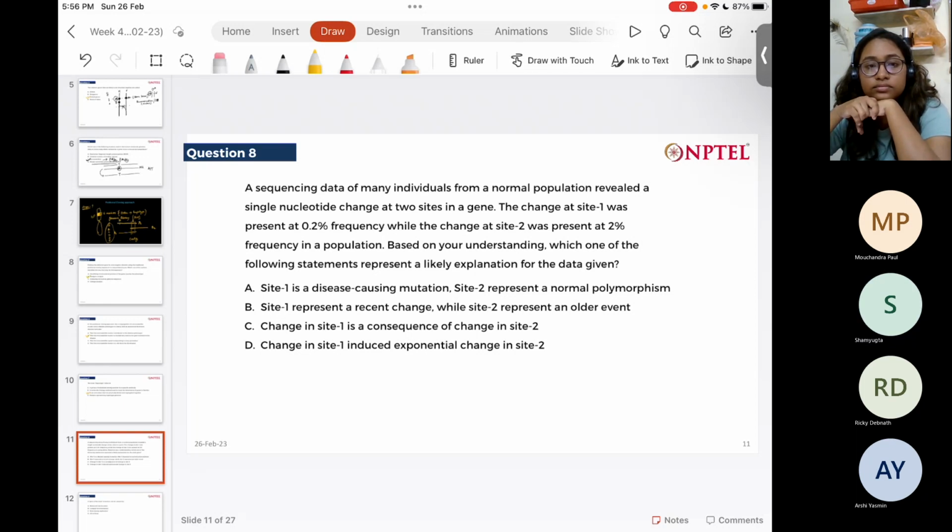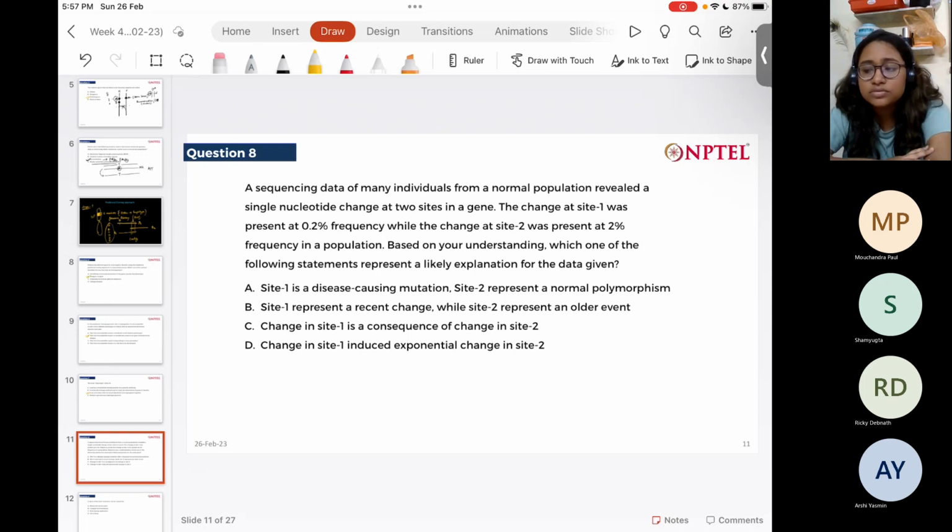Option B. Okay. What about others? What do you guys think would be the correct answer? One person told option B. Others, think over it.